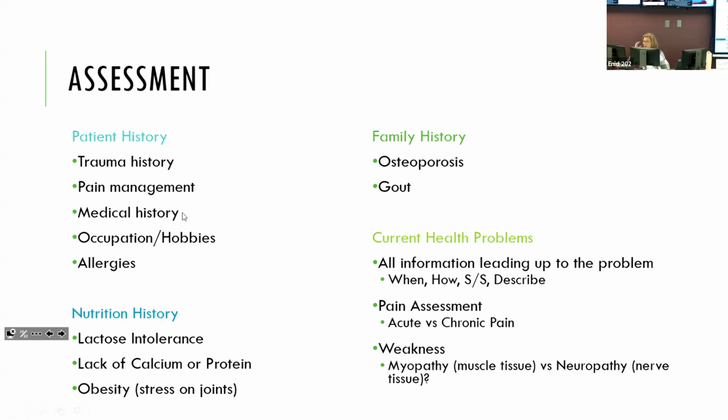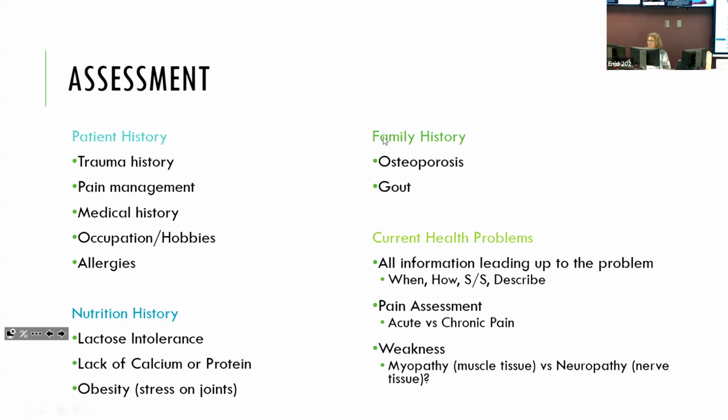Take their history, do they already have a history of calcium deficiency, maybe? Also parathyroid disease, because that will impair the ability for the bones to absorb calcium. Occupations, hobbies, those could both be things that could be accident prone, and then allergies.